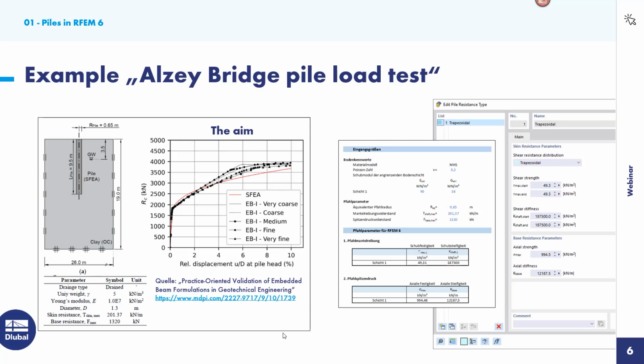There are pile load tests done in this LZ Bridge project, and this curve was received, and our aim now is to reach a load displacement curve that fits to this one of the literature. The shear strength and shear stiffness and the axial strength and stiffness were calculated, and then put into RFEM, and we received the load displacement curve. This model we will now create together. So therefore we go to RFEM now.